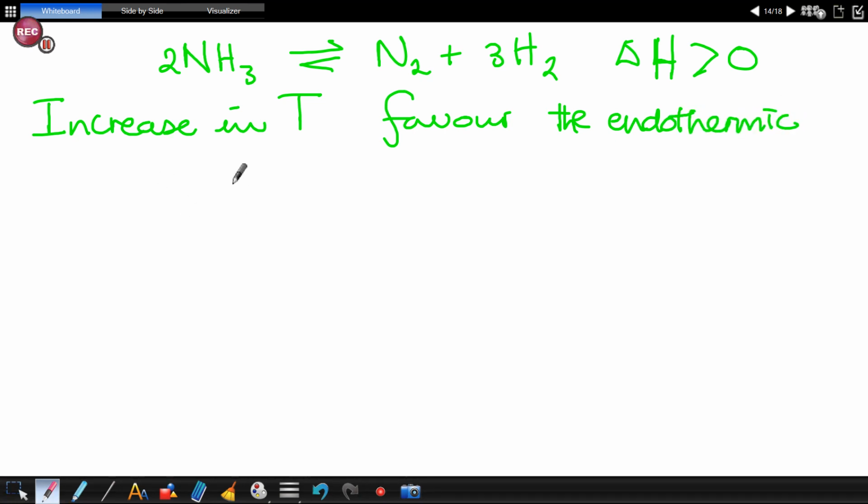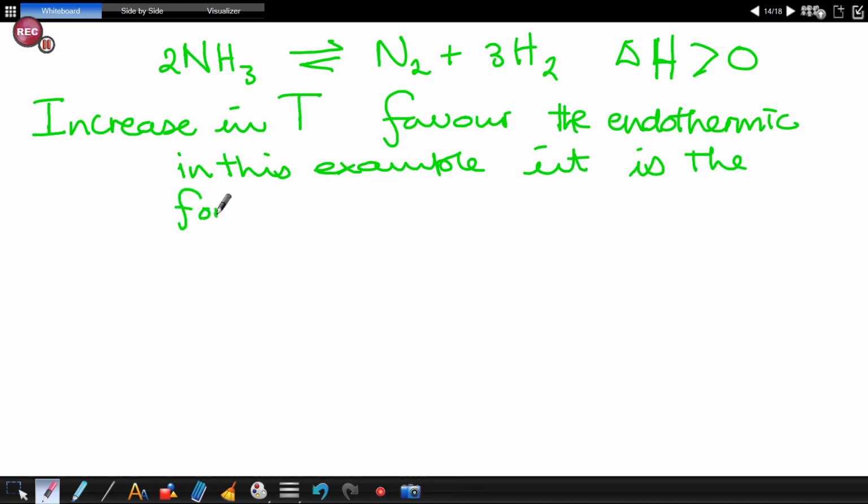The increase in temperature will always favor the endothermic reaction. Always. In this way, we have written this equation. The forward reaction is the endothermic reaction. So the increase in temperature will always favor the endothermic reaction. Regardless, it's just standard. In this example, it is the forward reaction.